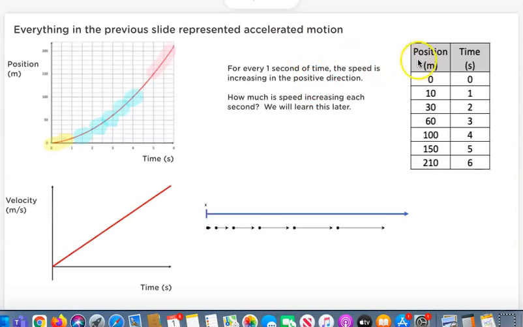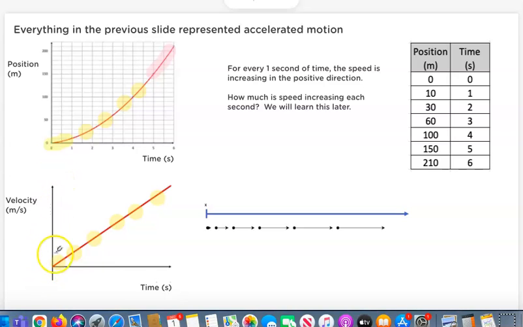All right, so everything in that previous slide represented accelerated motion. Some things I want to erase there. And so you note that if I found this slope at all these different points along the way, I would find the increasing velocity along the way, and I would get values that show an increasing velocity.